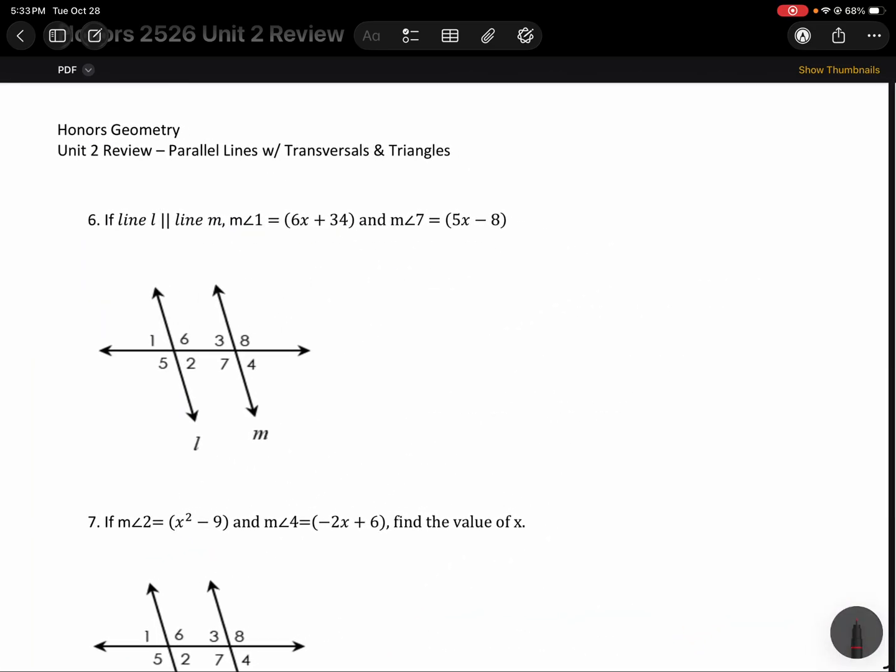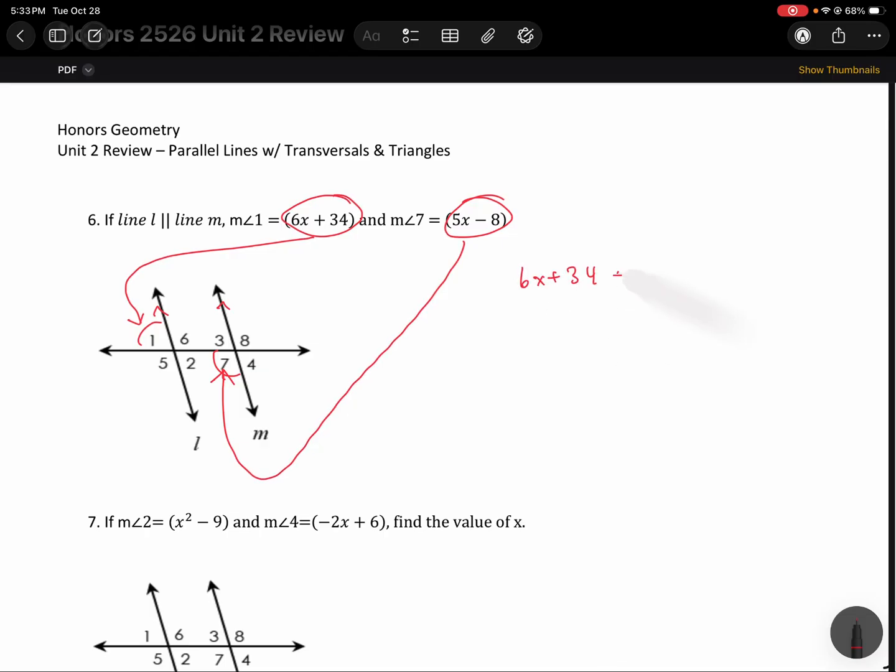Okay, number 6, if these two lines are parallel and angle 1 is 6x plus 34, angle 7 is 5x minus 8. I guess it's asking to solve for x. These two angles will be supplementary, so if I add them up together, it should be equal to 180.